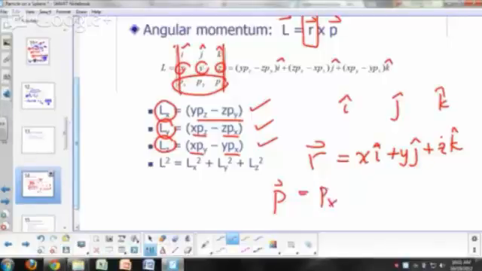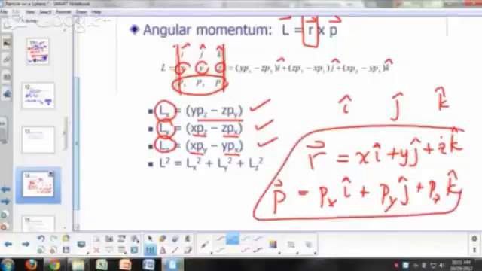So this is going to be p_x i hat plus p_y j hat plus p_z k hat. So those are the two vectors expressed in terms of unit vectors along the x, y, and z axis. When you do this determinant, you'll find that these are the components of your angular momentum vector.